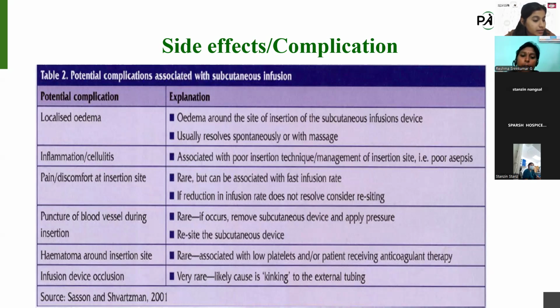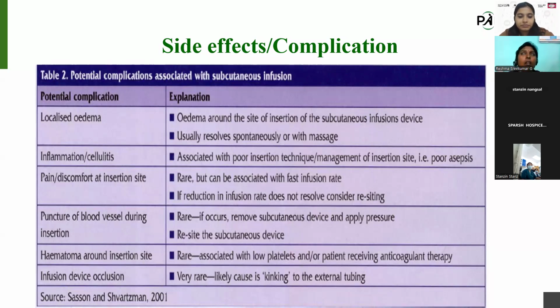We already said if the patient has low platelets or is receiving any anticoagulant therapy, there is a chance of hematoma. So while checking the insertion site, we should check for any hematoma. And you should check for any leakage at the insertion site. If there is any leakage, that indicates you are giving more than 20 drops in a minute.